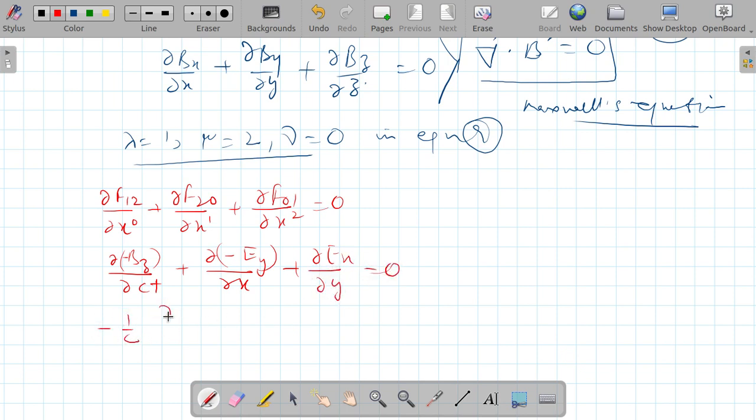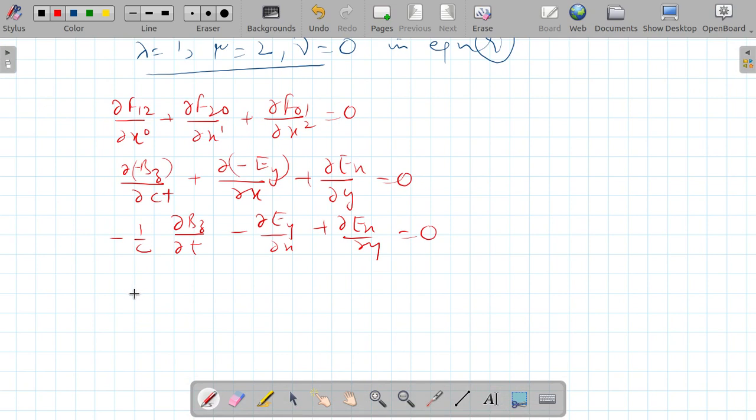It is (1/c) ∂Bz/∂t plus ∂Ey/∂x with a negative sign plus ∂Ex/∂y equals 0.